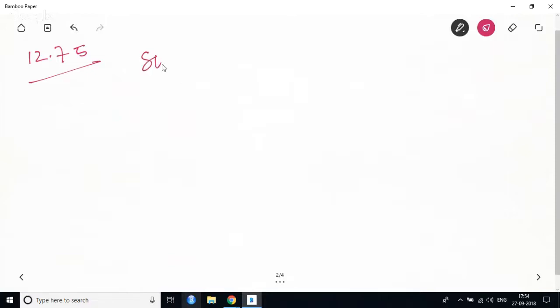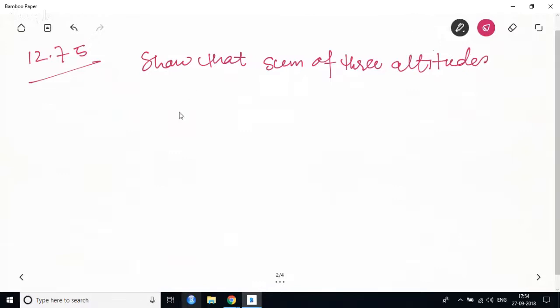The question is, show that the sum of 3 altitudes of a triangle is less than the sum of its 3 sides. And remember this, sometimes this is used directly.